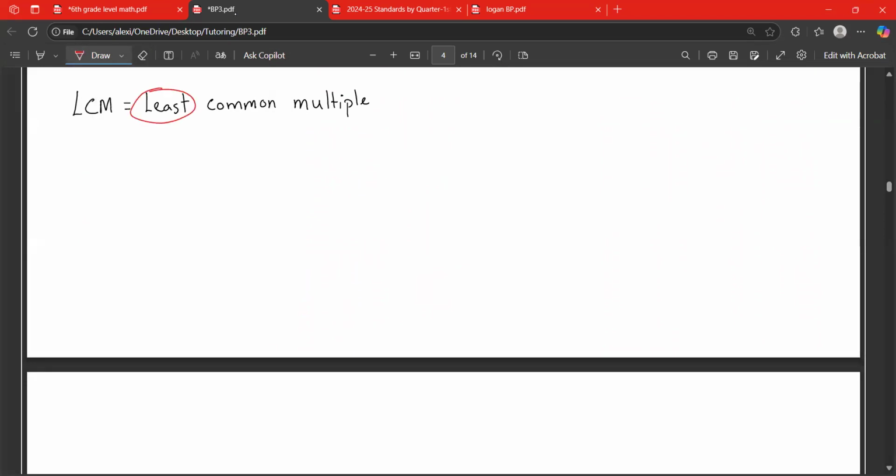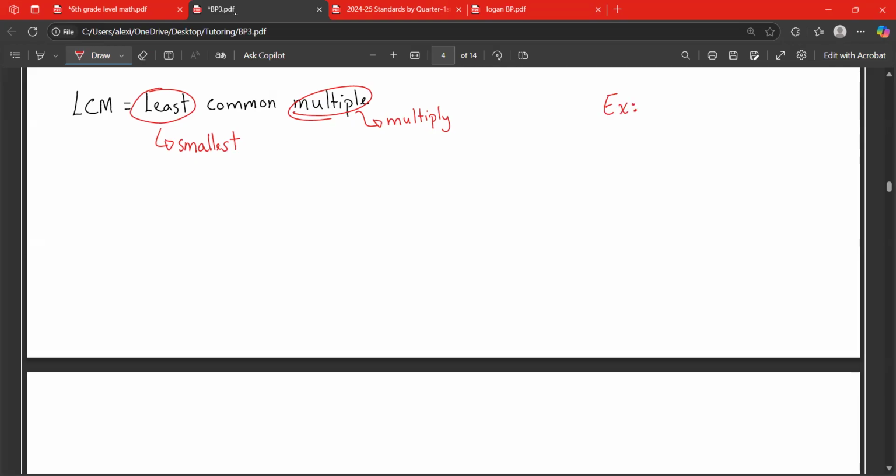Least. What is another word for least? Hopefully you said the smallest. Common is what they share. And then multiple? Well, that's multiply. Multiple is multiply. So maybe off to the side, I need to write some examples of some multiples.